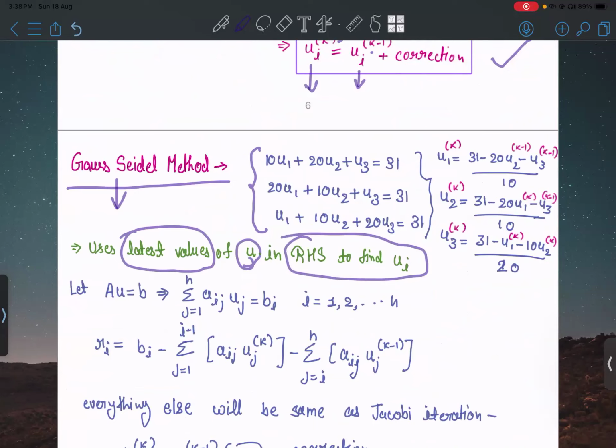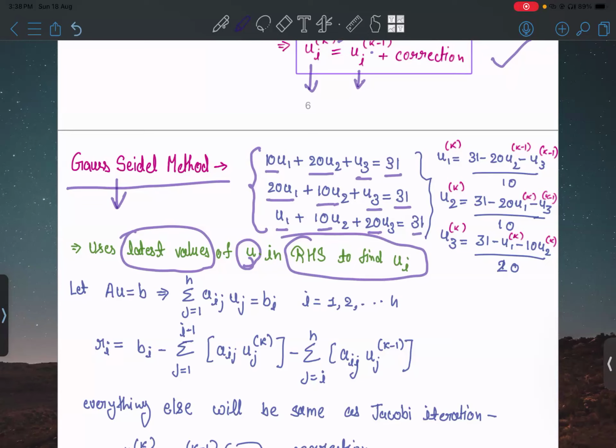Okay, what do you mean by that? Suppose let's take an example here. 10 u1 plus 20 u2 plus u3 equal to 31. 20 u1 plus 10 u2 plus u3 equal to 31, and third equation is u1 plus 10 u2 plus 20 u3 equal to 31. Okay, these three equations we have, and I wish to solve this equation using Gauss-Seidel method.